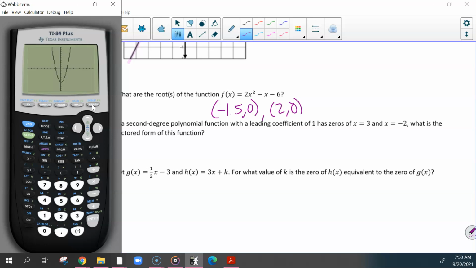But it does go in between -1 and -2, and it does look like it's on 2.